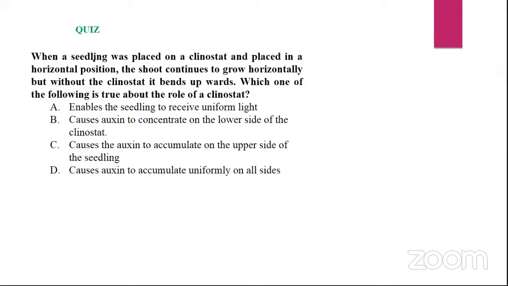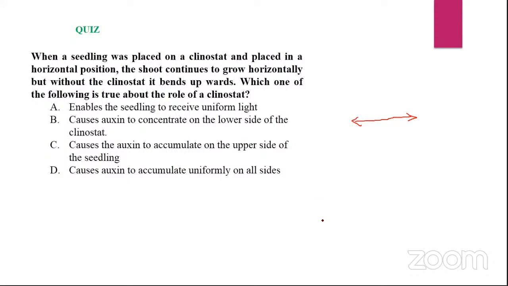So if you have understood, I have a small question for you. The question says, when a seedling was placed on a clinostat in a horizontal position, the horizontal position is this one here, the shoot continues to grow horizontally.